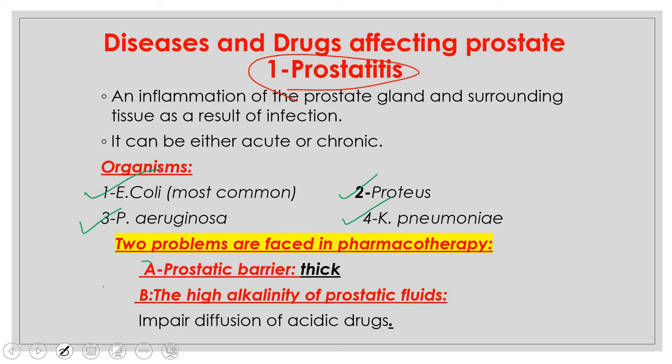The most problem posed is the alkalinity of the prostate fluid. Most drugs are acidic, so sometimes they cannot diffuse. So it is important that your drug should have a balanced profile. It can easily penetrate into the prostate gland, like quinolones that can easily go into the prostate gland.